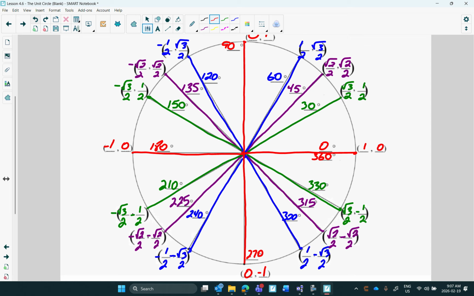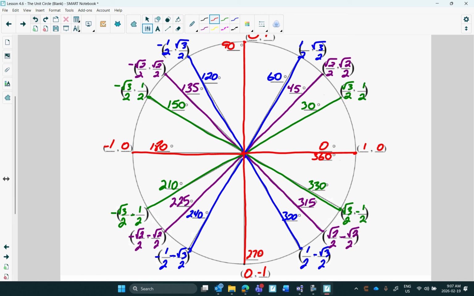I think there might be even poems out there or something that you can use. To me, I just remember all the denominators are 2, and then I remember I go 3, 2, 1, 1, 2, 3. And like I said, if you know these ones, it's easy to figure out these ones.